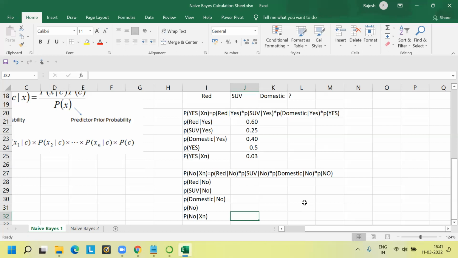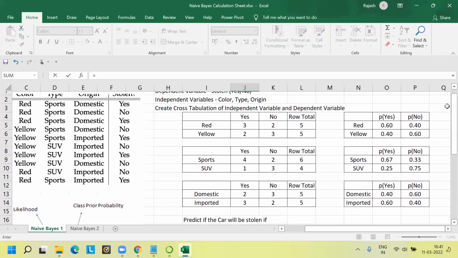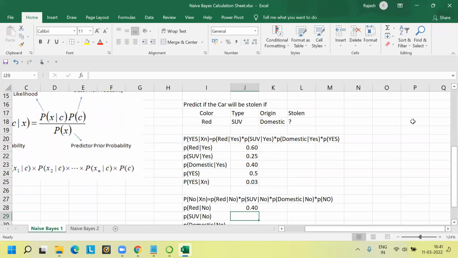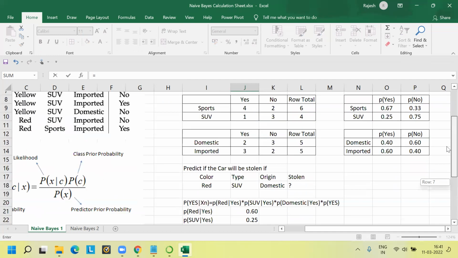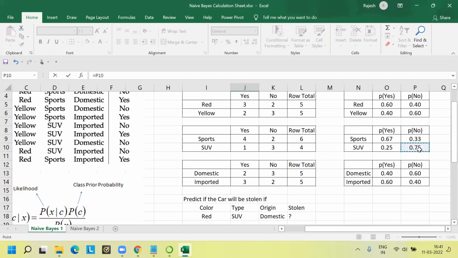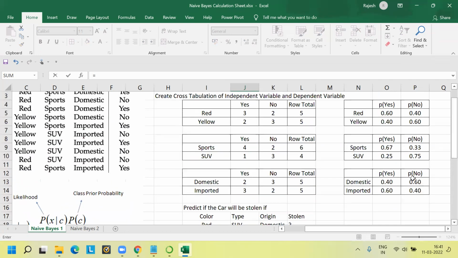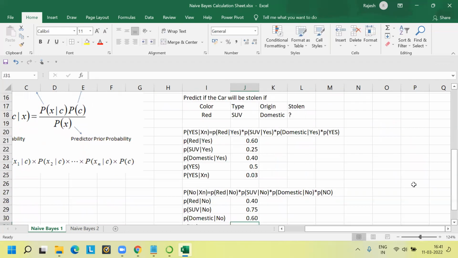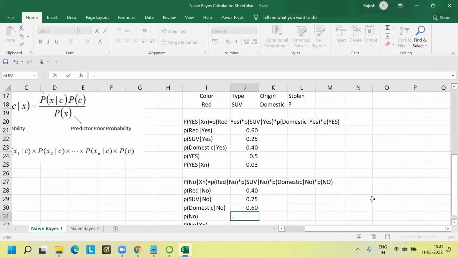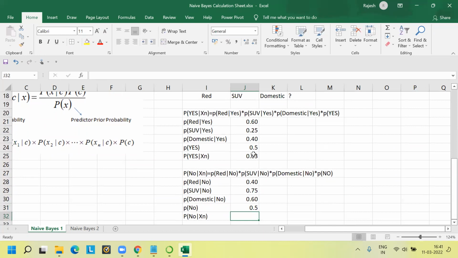It is 0.09. Anybody got the same answer, please? Can you confirm? Same answer. Yes, you're right. Probability of no: probability of red given no 0.40, probability of SUV given no 0.75, probability of domestic given no 0.60, and probability of no is 1 minus probability of yes, 0.5.